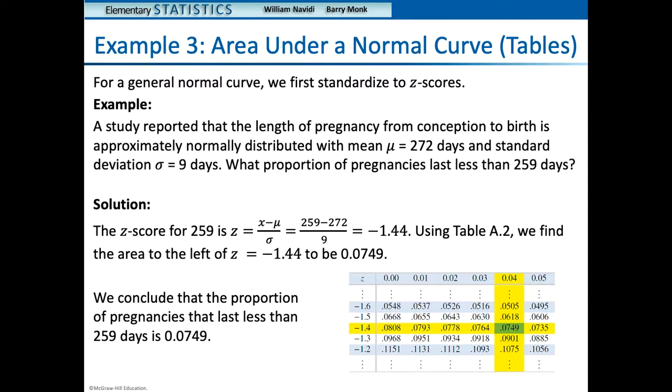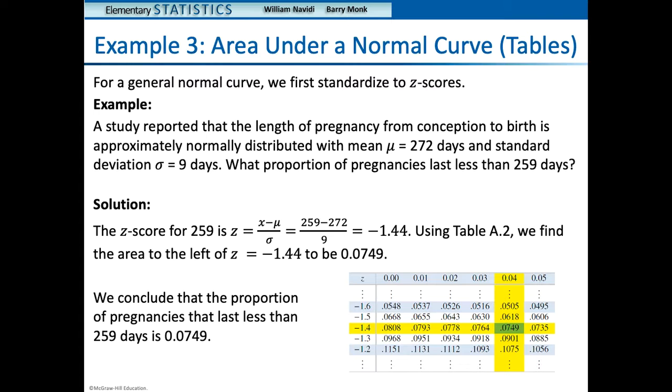Now, you should have a picture that shows that shaded area, but we can't quite yet just jump to the table to find the area, because the table only works for the standard normal curve. And this is not the standard normal curve. So we have to go through one extra step before we can go to the table.